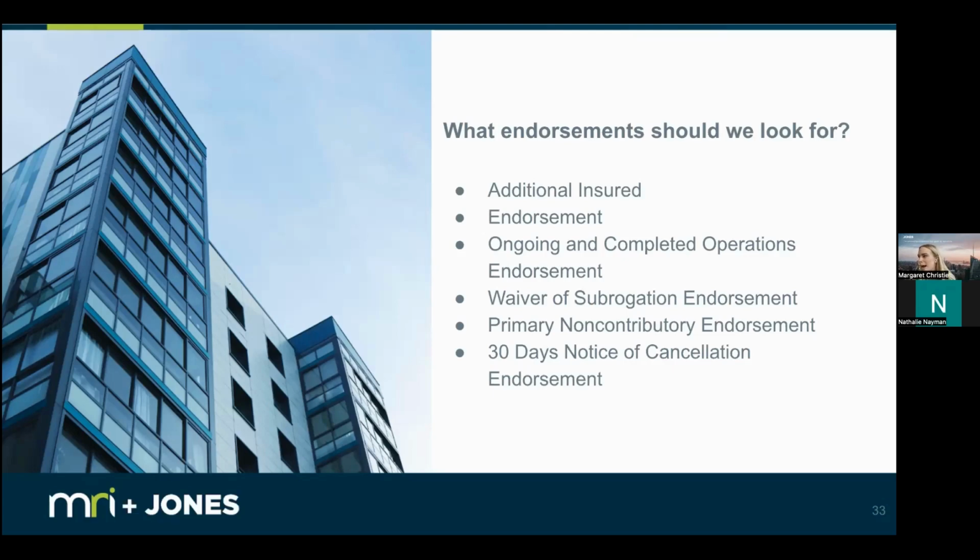But this is why you may choose to request an endorsement. An endorsement, as I said earlier, is an actual amendment to the insurance policy. It can override prior language in the policy, depending on how it's worded. And so this is actually a material change to the policy itself, which of course is legally binding. And so you may wish to require an endorsement so that you have a higher standard of proof for these things.